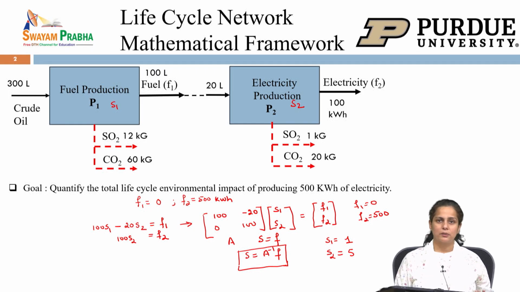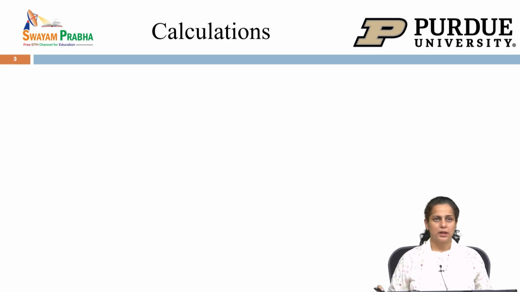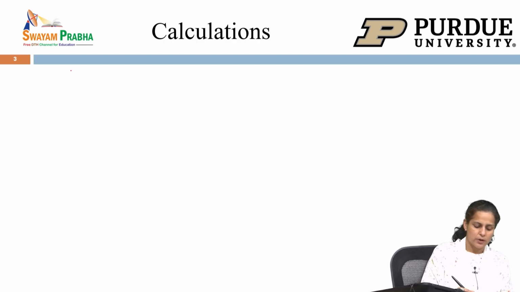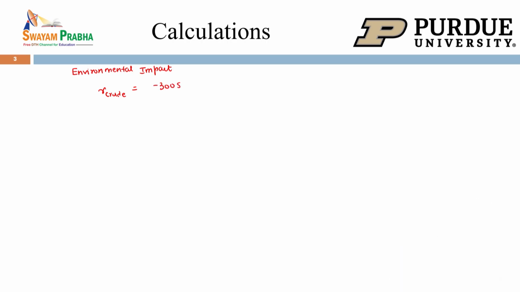Now we need to calculate the environmental impact, and for that we can set up our intervention matrix, which captures the environmental impact. Remember, to calculate environmental impact we include both the resource consumption and also the emissions. So, we can write our equations as R crude, the crude oil consumption, will be minus 300 times S1.